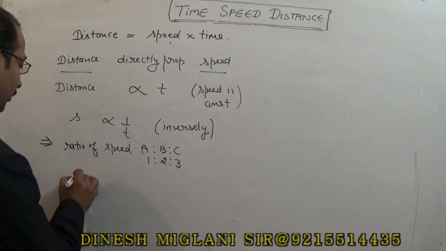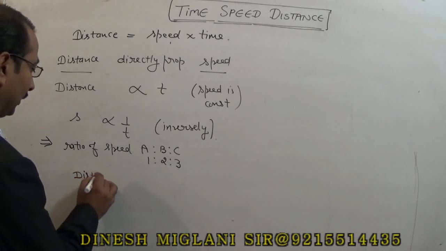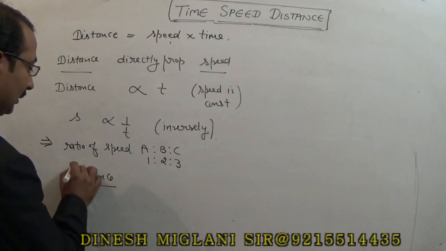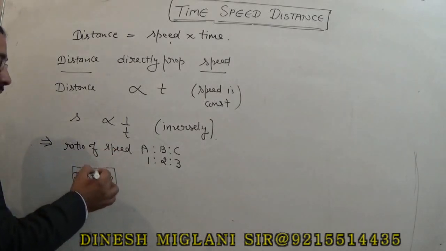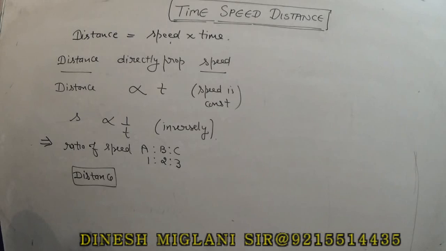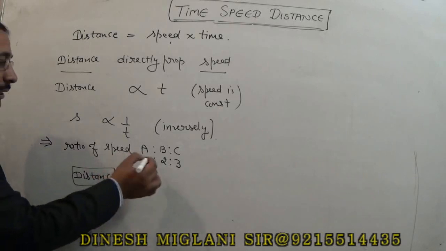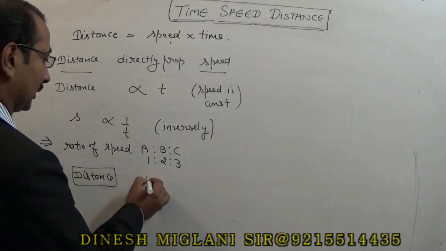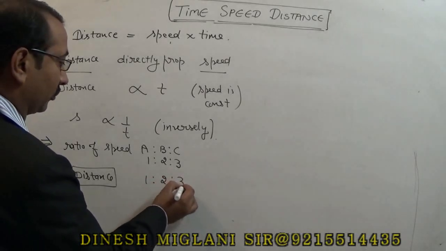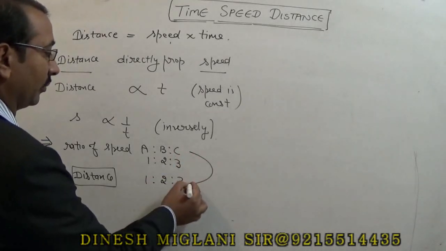We have to find out what is the ratio of their distance. In the same time, we know that speed and distance both are directly proportional. When the ratio of the speed is 1:2:3, so we can say the ratio of the distance will also be 1:2:3. Your ratio would be the same.